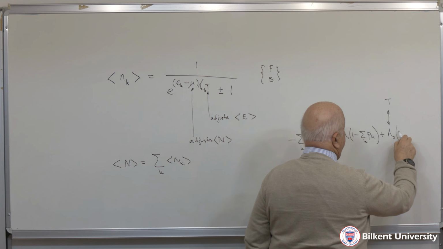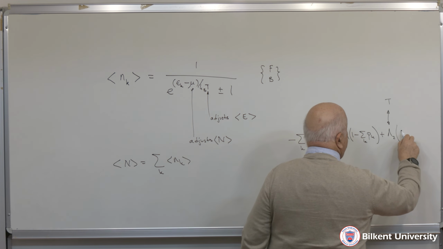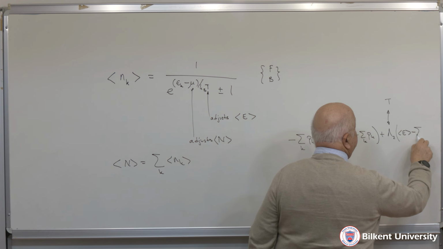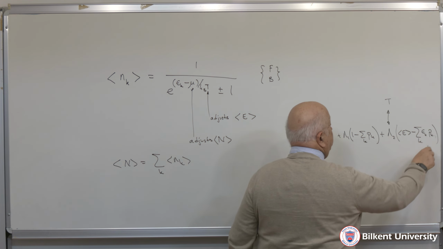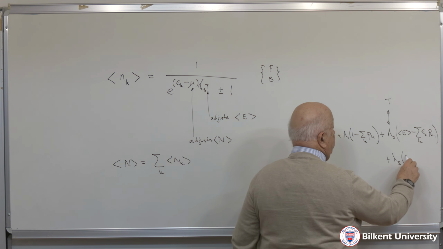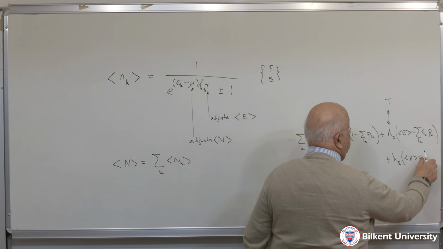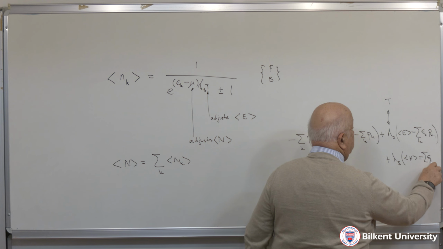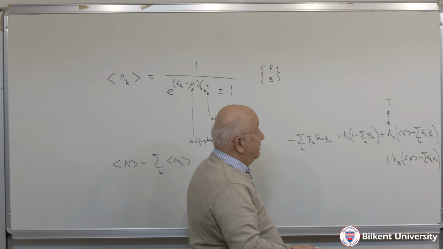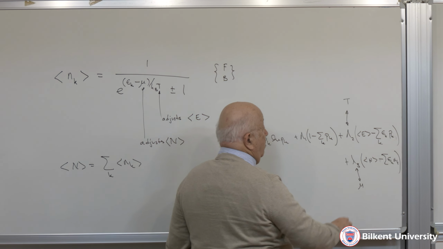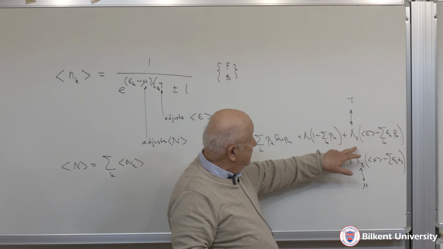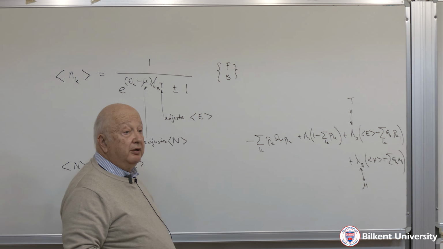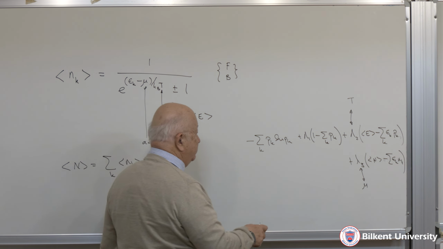I want to set the average energy of the system to the sum of Ek Nk Pk, the expectation value of the energy. And then I had this lambda 3, which said I want the average number of particles equal to the sum of Nk Pk. This was associated with mu. Last time I found the extremum of this using these variables to obtain a probability function.